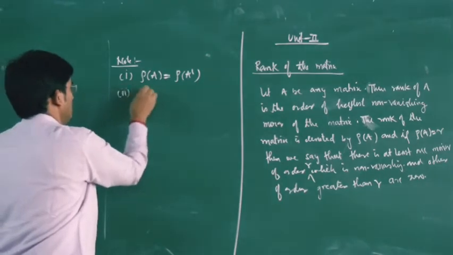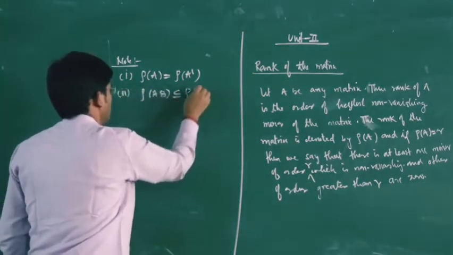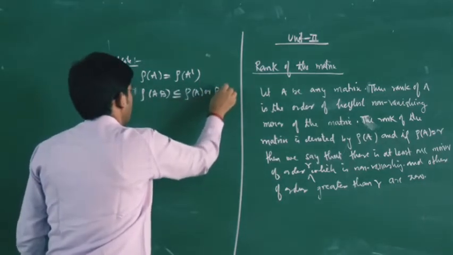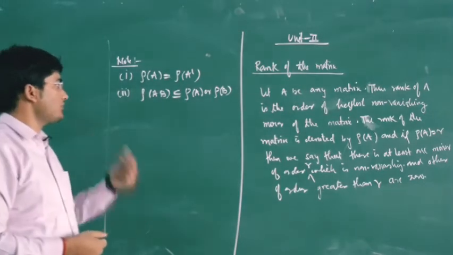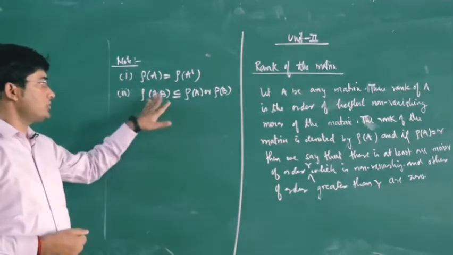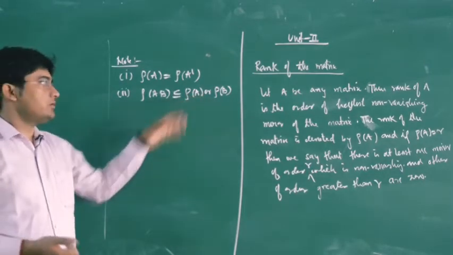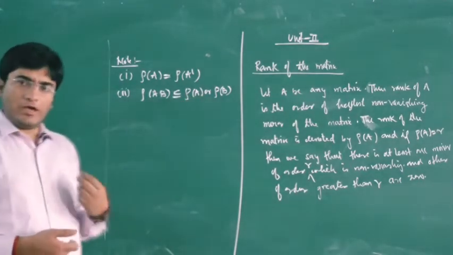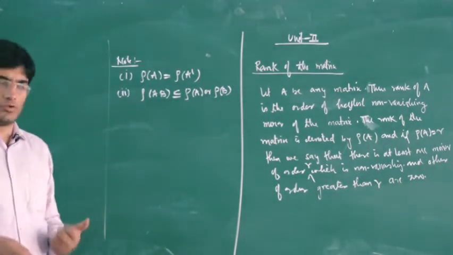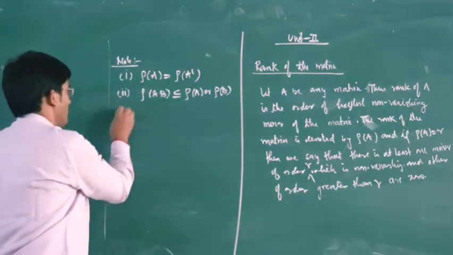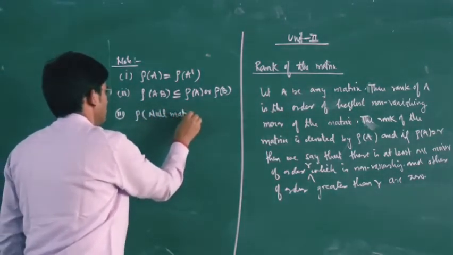Then the rank of the product of the matrices cannot be greater than the rank of either matrix, so rank of AB is less than or equal to rank of A or rank of B. And third, if A is a null matrix, then the rank of the null matrix is 0.